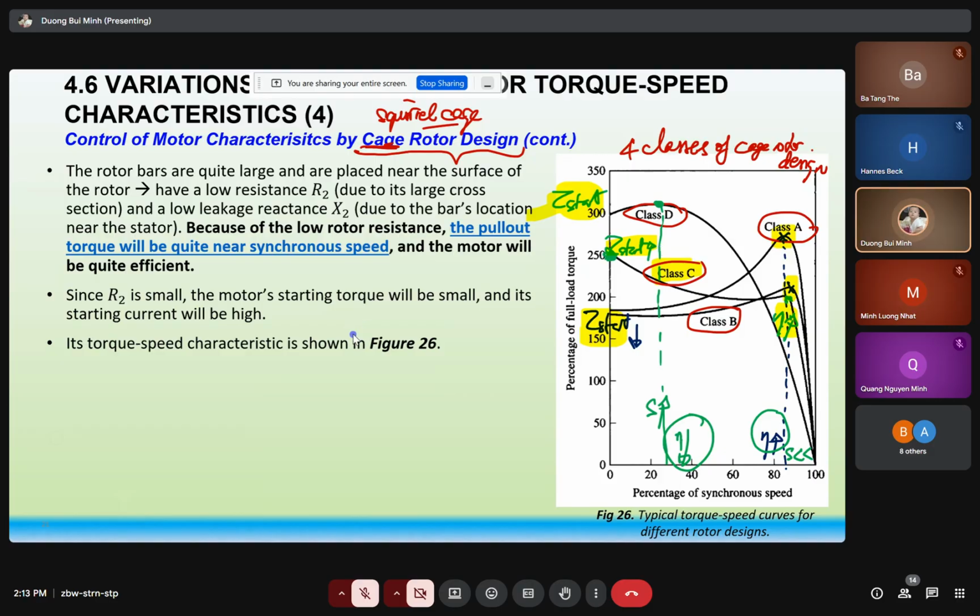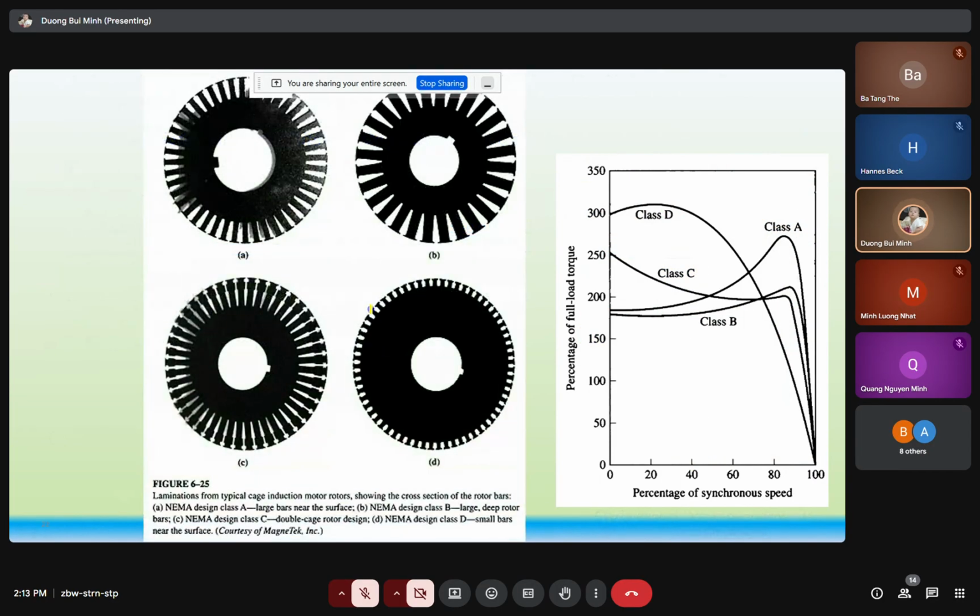How can we know class A, class B, class C, or class D? You consider this figure. This is class A. For class A, you can see the rotor bar here, very near the surface.